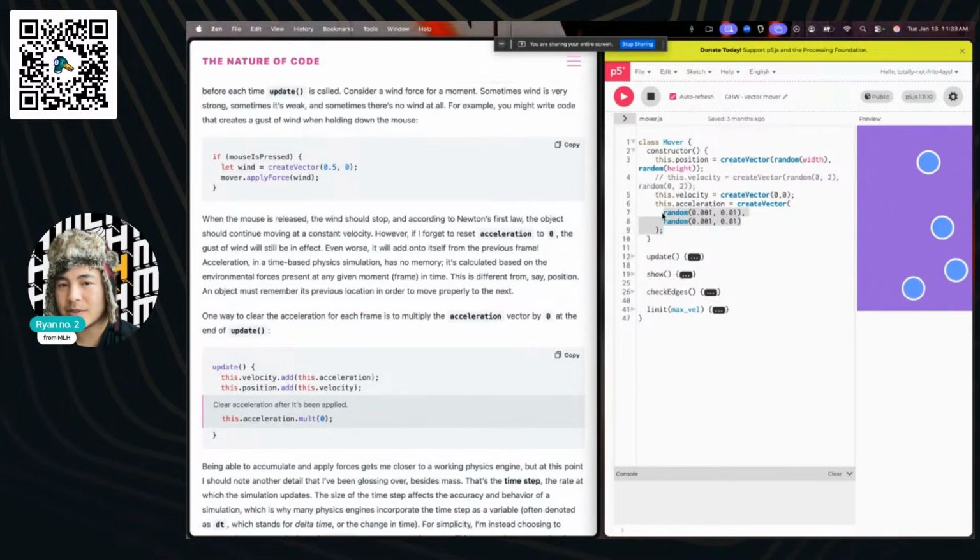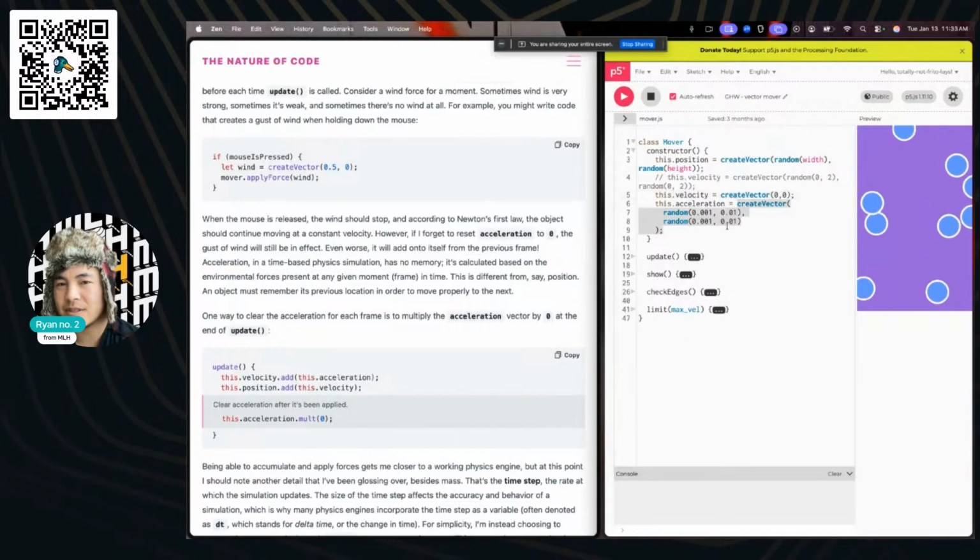So basically, with this random direction, the create vector, we know that it takes in two arguments. The first one is going to be the x direction, and the second one is going to be the y direction.